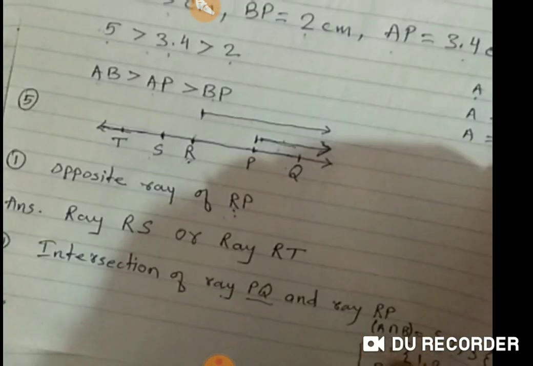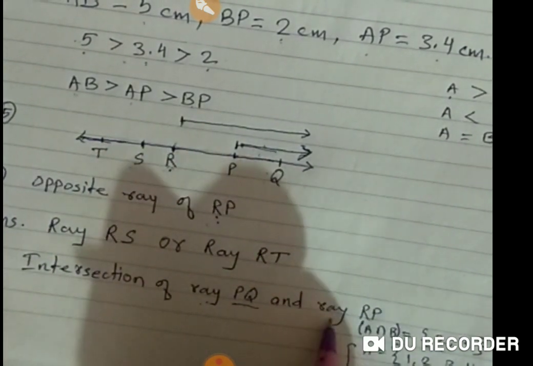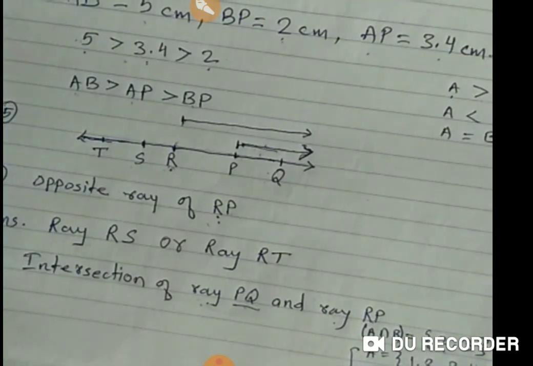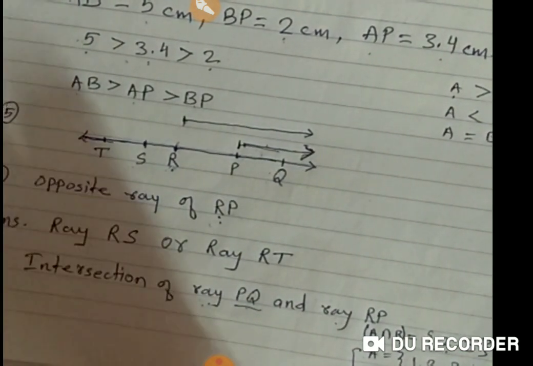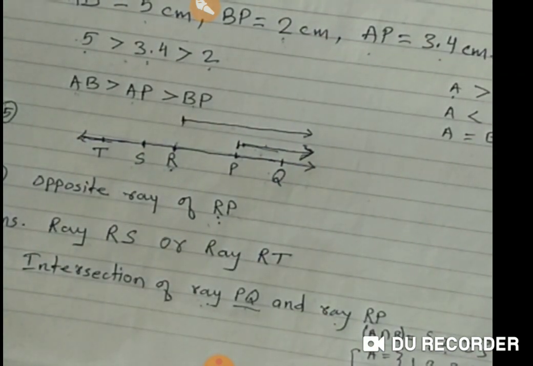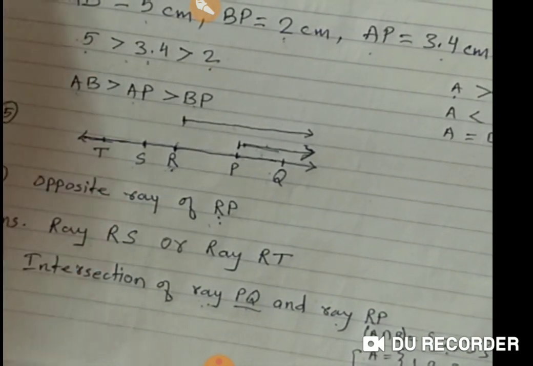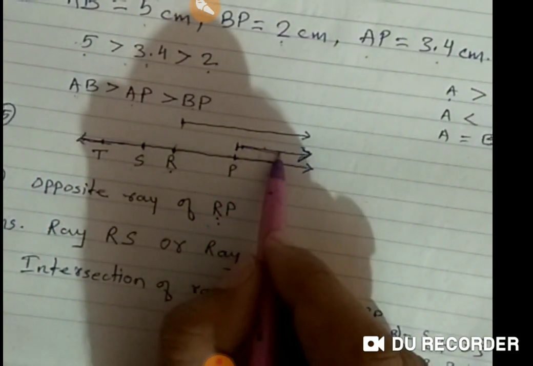So in your question, PQ is a ray, RP is a ray. So your intersection set should also have elements as a ray itself, not a point. If you say P, that is a point, not a ray. Remember this. P is a point, not a ray. So it's ray PQ itself.